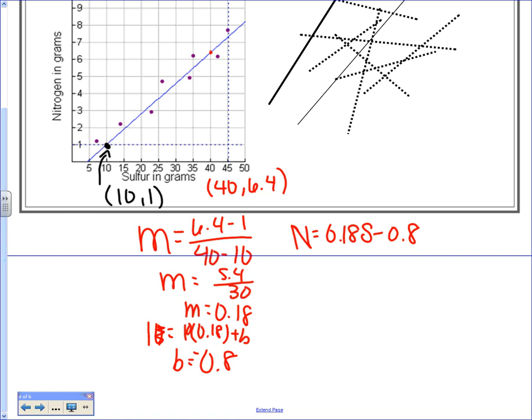N equals 0.18s minus 0.8. Does that make sense? If you know sodiums, do you have to use S? Sulfur. Just kidding. Any questions here?